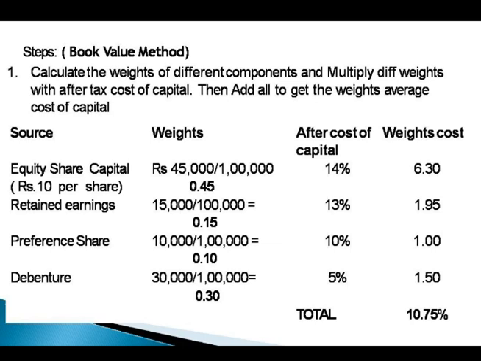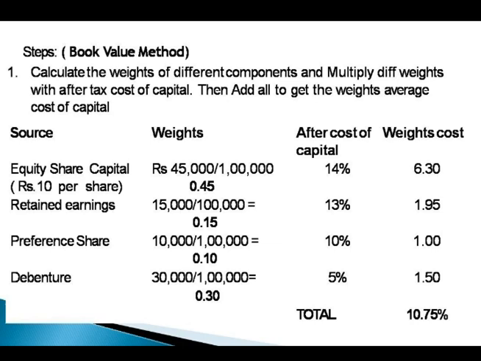Same for retained earning, 15,000 divided by 1 lakh, so 0.15, 15% is the share of retained earning. Same in the case of preference share, 10%, and debenture, 30%. If we add 0.45, 0.15, 0.10 and 0.30, we get 1. So this way we can give weight to the different components of sources of finance.